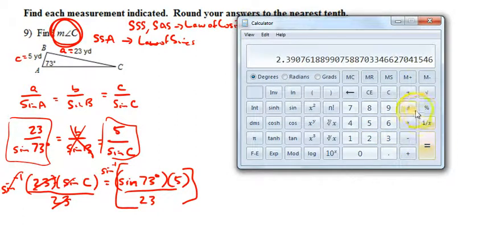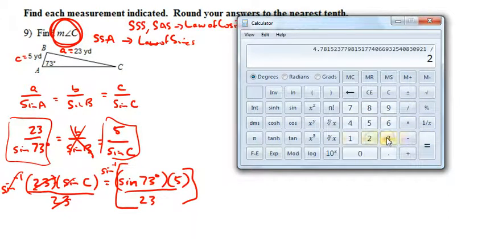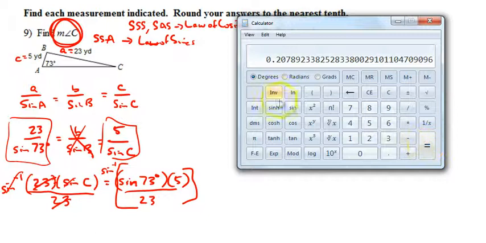I saw that I divided by 2, so I'm going to do it all over. Starting over, sine of 73 degrees, times 5, equals, divided by 23, equals, take the arc sine of that.